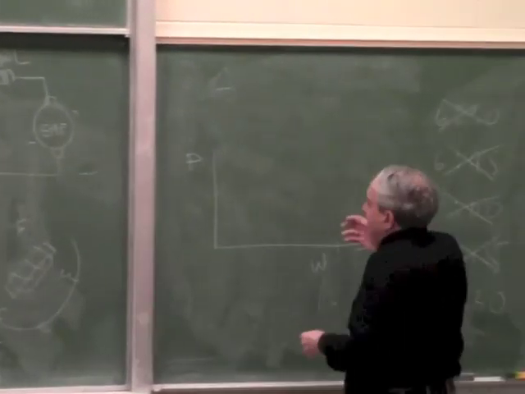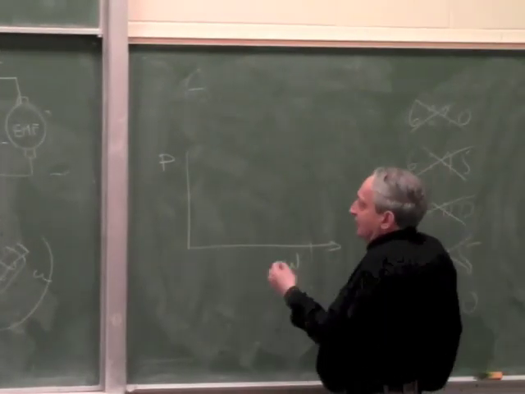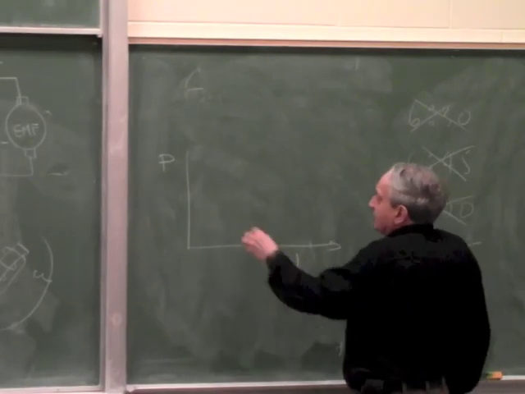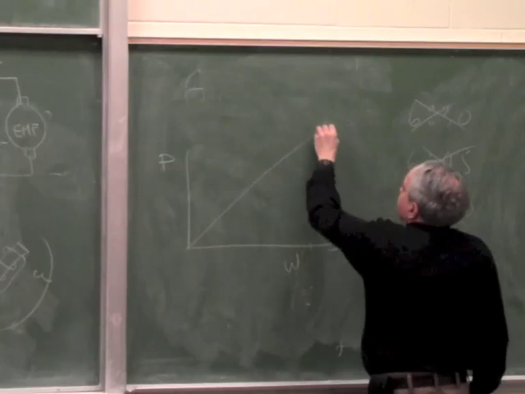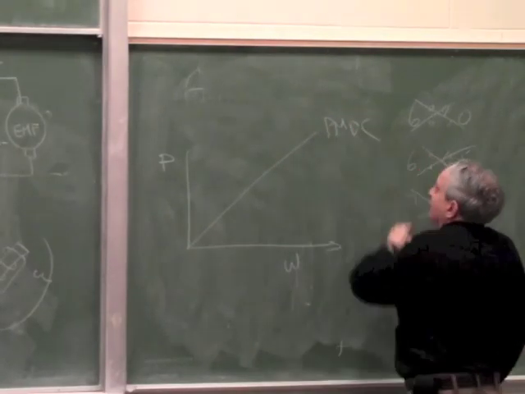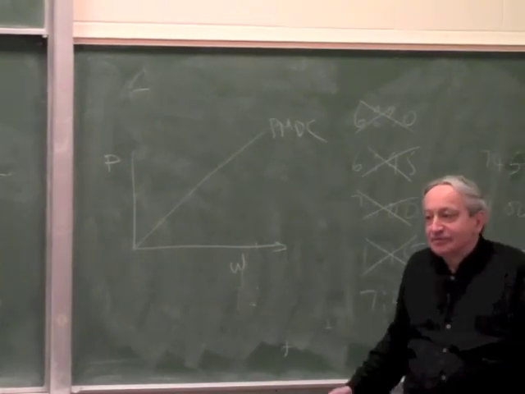So I'm drawing here it's a limit. If the motor is limited to a certain current, and if I increase the omega by increasing the voltage, so a PMDC will look like this. More speed, more power. Good.